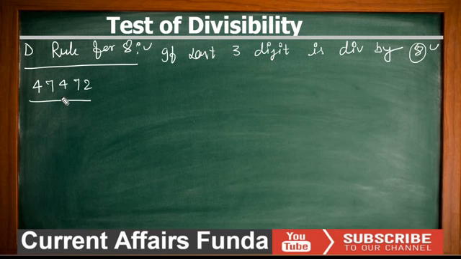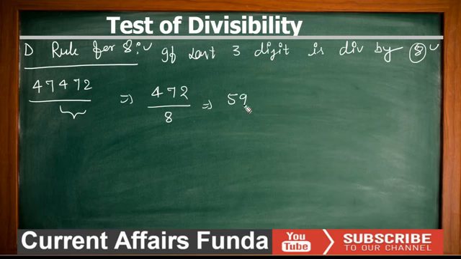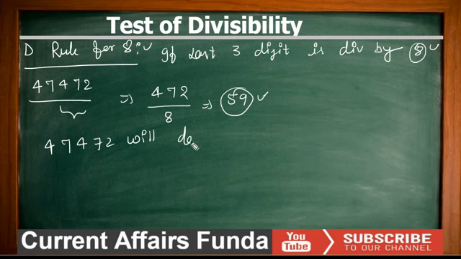First of all, pick the last 3 digits, that is 472, and check whether these 3 digits are divisible by 8. 8 times 5 is 40, and 72 is 9 times. Then this is divisible by 8, so the whole number 47472 will definitely be divisible by 8 also.